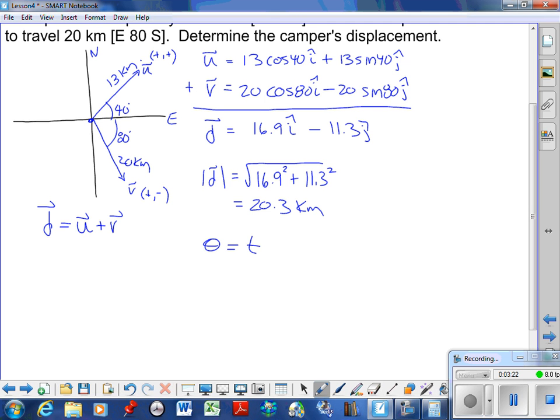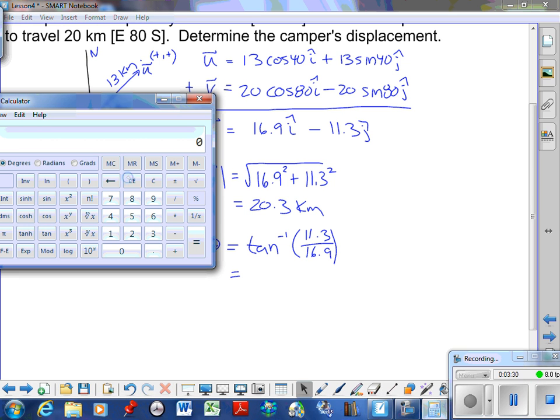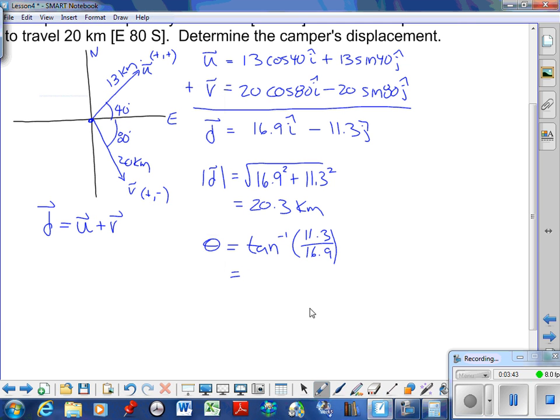Look at her direction here. Tan inverse of 11.3 over 16.9. To get that, bracket 11.3 divided by 16.9, and we want to do inverse tan: 33.8.